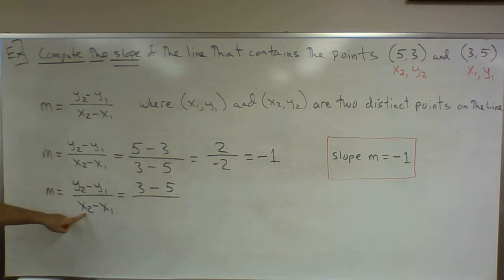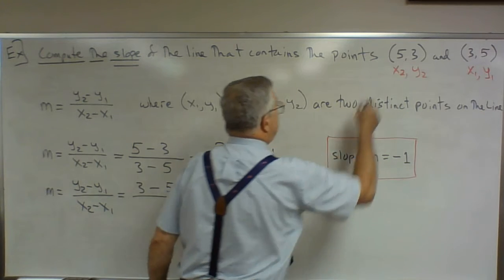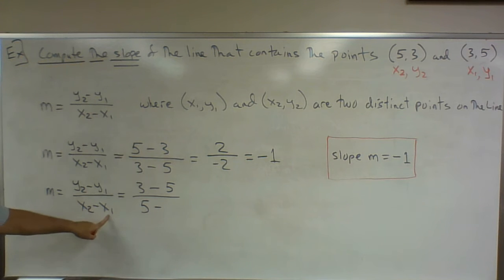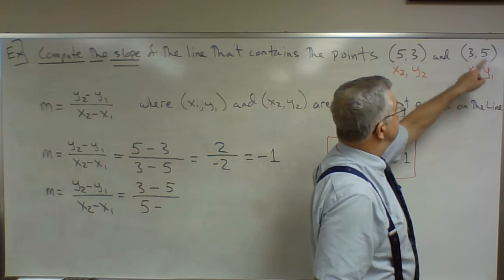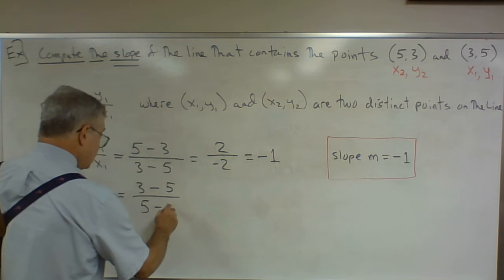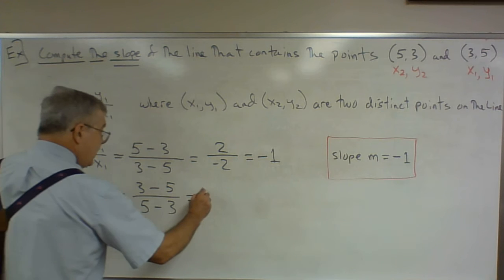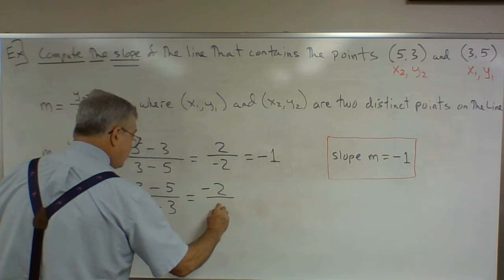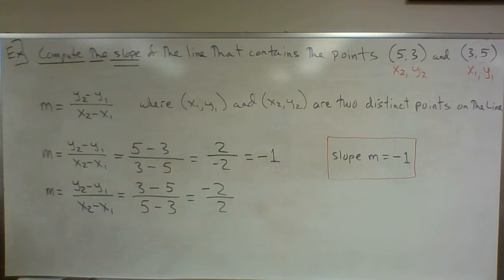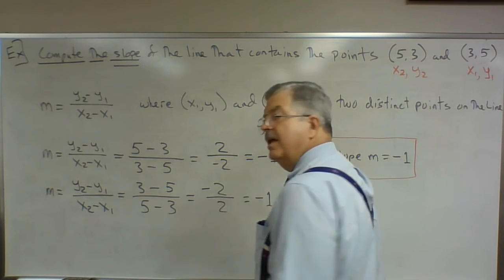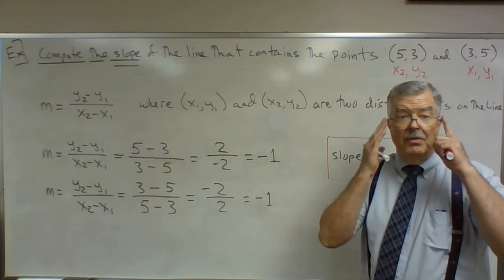And now x2, that's 5. And x1, that's 3. There we have it, y2 minus y1 over x2 minus x1 with our new values. And we'll get negative 2 over positive 2. Son of a gun! We get the same answer either way.